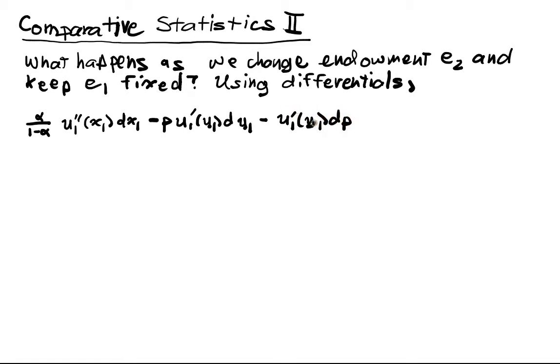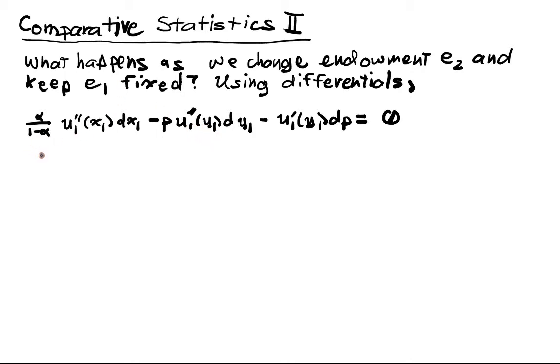This is the derivative of that with respect to p, and that's going to be equal to 0. So this is the differential, and I believe this should be a u double prime, because this is the differential of that thing with respect to the y variable. So that's equal to 0.